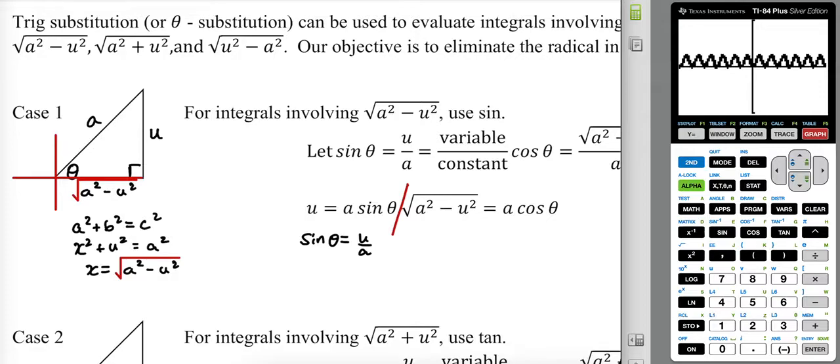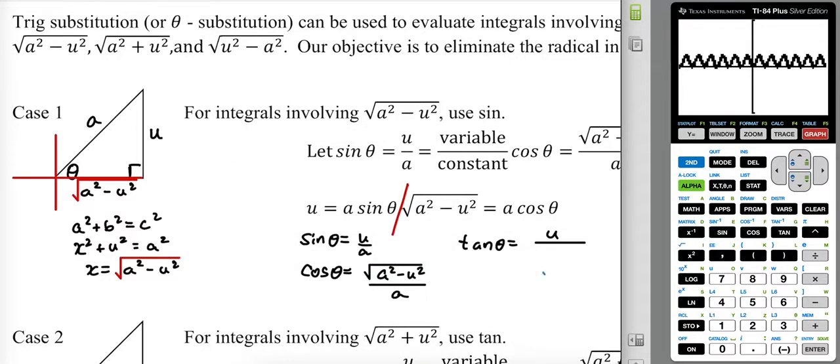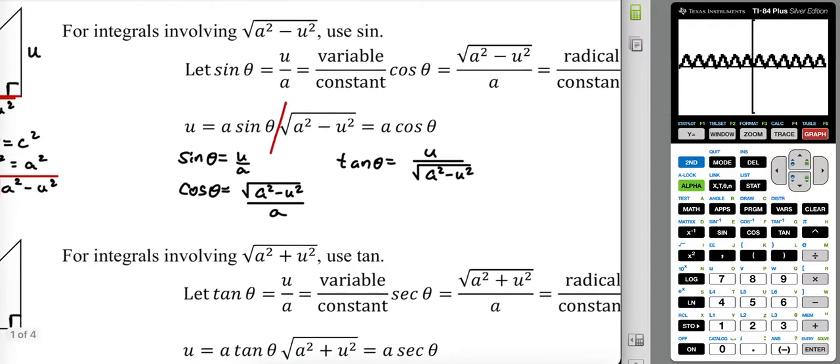We could say the cosine of theta is equal to the square root of a squared minus u squared over a, adjacent over hypotenuse. We could say the tangent is opposite over adjacent. We can get into all those reciprocal functions.